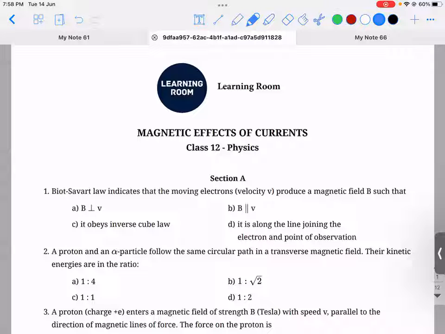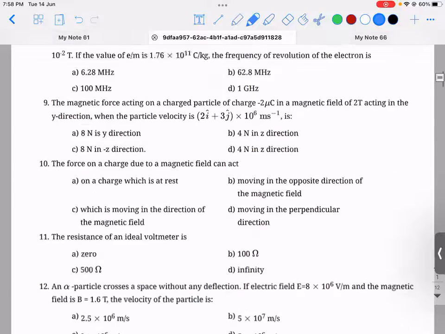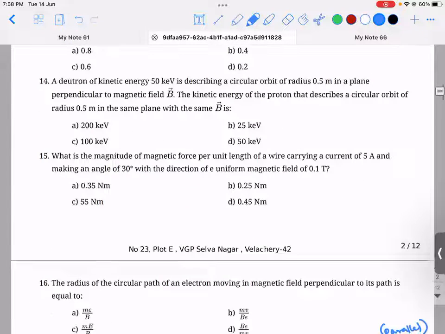So can you do the 14th question? A deuteron of kinetic energy 50 kiloelectron volt is describing a circular orbit of radius 0.5 meter in a plane perpendicular to the magnetic field. What is a deuteron?